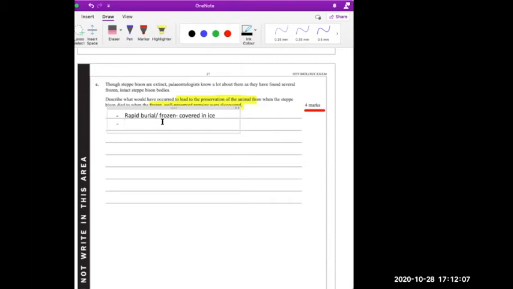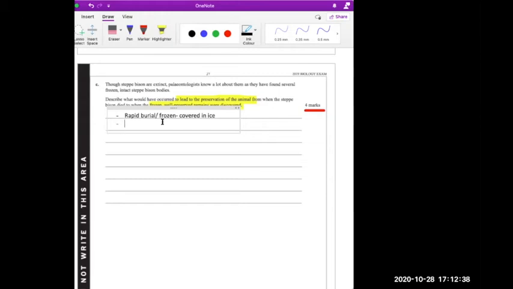So if it's buried under a bunch of rocks, or even if it's frozen, it needs to be in an environment where it doesn't decay, right? This means very warm environments are out of the question here, which is why the cold environment is ideal. It can't decay there. There needs to be a relative lack of oxygen, because oxidization leads to decaying. And there needs to be some sort of erosion, melting or something to expose the remains.